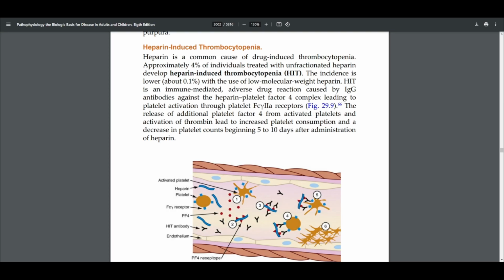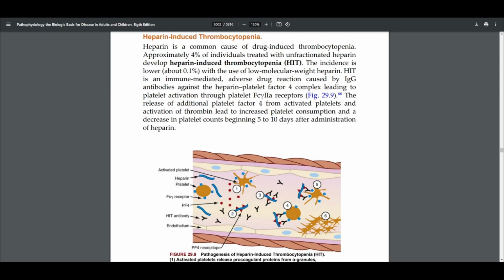About 4% of individuals treated with unfractionated heparin develop heparin-induced thrombocytopenia, or HIT. The incidence is lower with the use of low molecular weight heparin. HIT is an immune-mediated adverse drug reaction caused by IgG antibodies against the heparin-platelet factor 4 complex, leading to platelet activation through platelet Fc gamma 2A receptors.